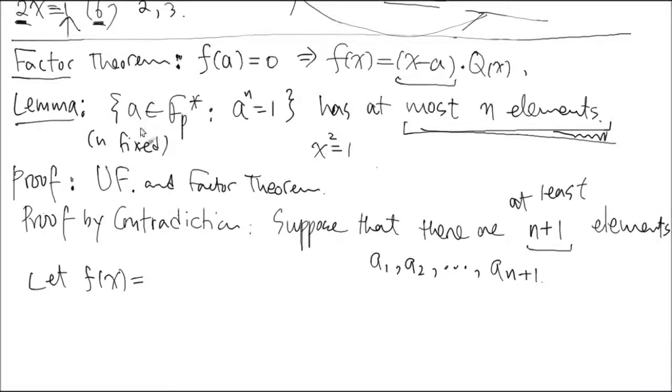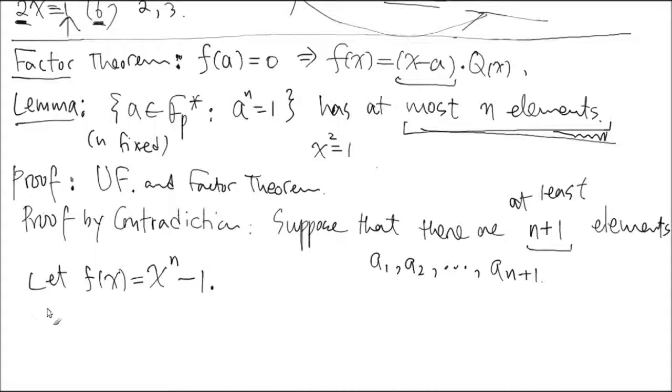By looking at this object here, I'm asking you to pull out some sort of polynomial. x to the n, do you see that? And what is the constant? Minus 1, so that those a's are zeros of the polynomial. You see the setup? If you set it like this, everything is easy.